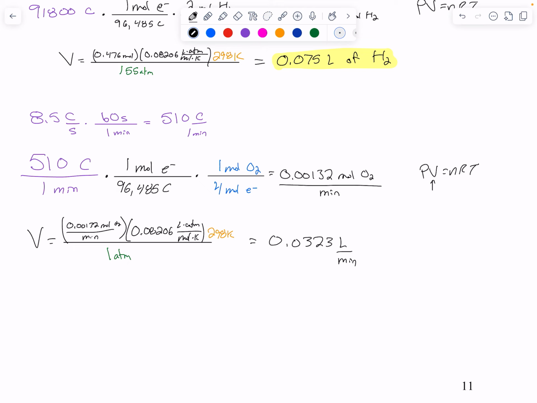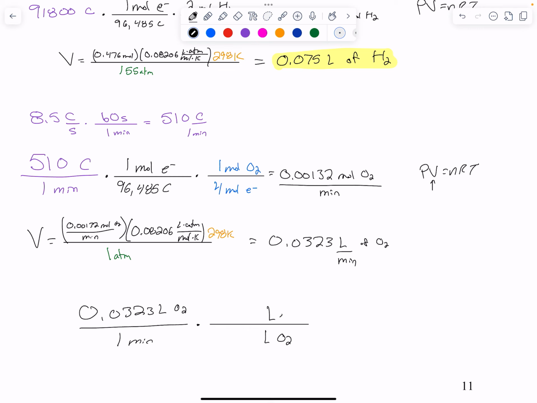So that's how many liters of O2 we need per minute, but it's not going to be just that, because it's air. Air was 20% oxygen. So we take 0.0323 liters of O2 per 1 minute and convert liters of O2 to liters of air.